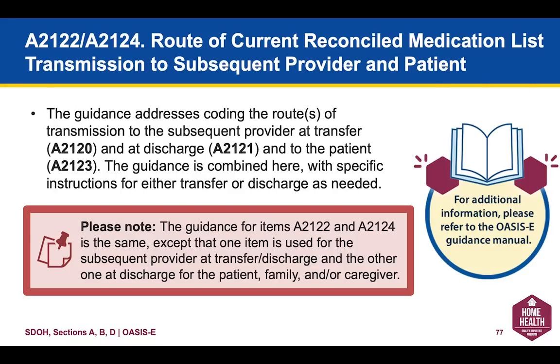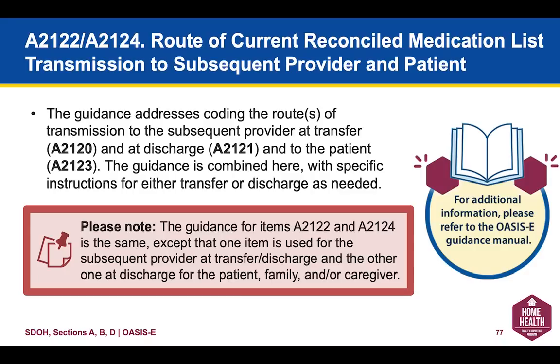The guidance we will review in a moment addresses the coding of the route of transmission to the subsequent provider at transfer, at discharge, and to the patient. The guidance is being combined here with specific instructions for either transfer or discharge as needed. The guidance for data elements A2122 and A2124 are the same, except that one item is used for the subsequent provider at transfer or discharge, and the other one at discharge for the patient, family, and/or caregiver.